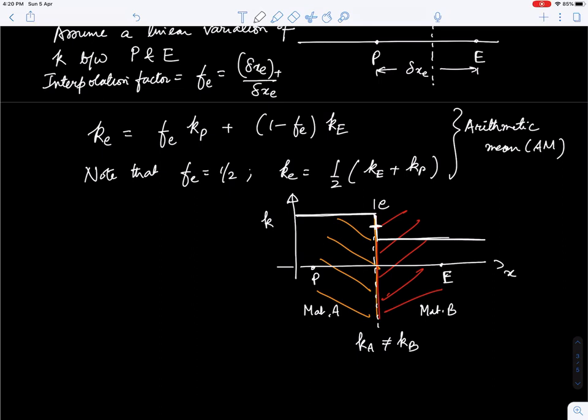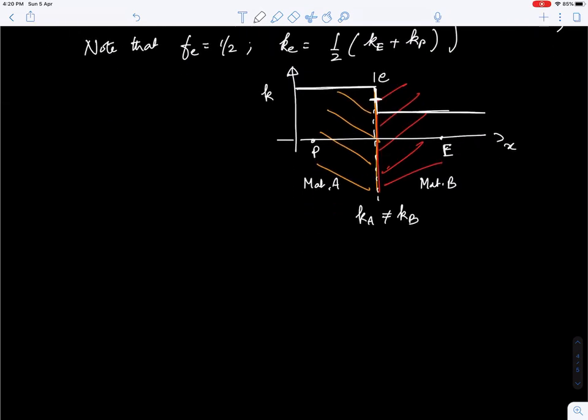The solution lies in the way we wrote the flux at this face E. So we wrote flux at E as Ke into TE minus TP by delta xe, right? This is how we were writing the flux. And this flux will lead us to a more physically realistic value of Ke.